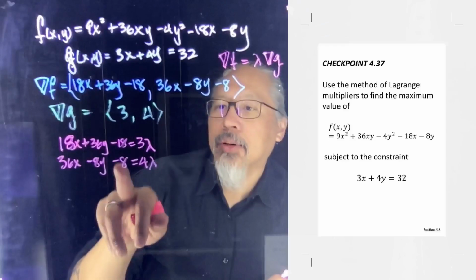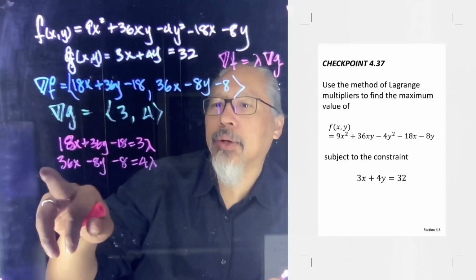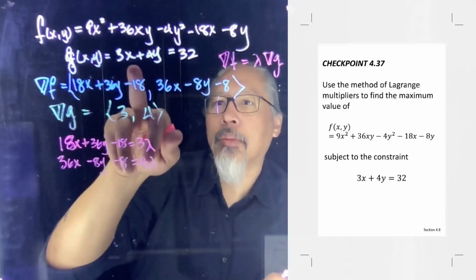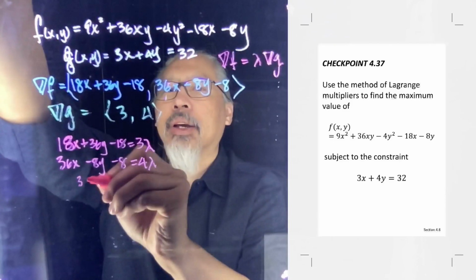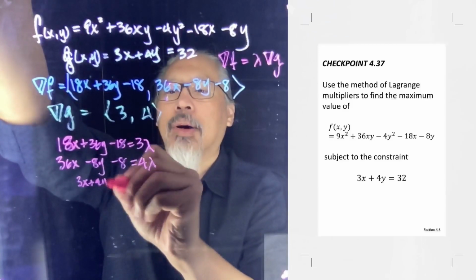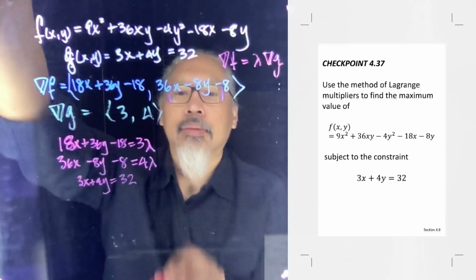So we have 2 equations and 3 unknowns, but remember that we have our third equation. Our third equation is going to be 3x plus 4y equals 32.